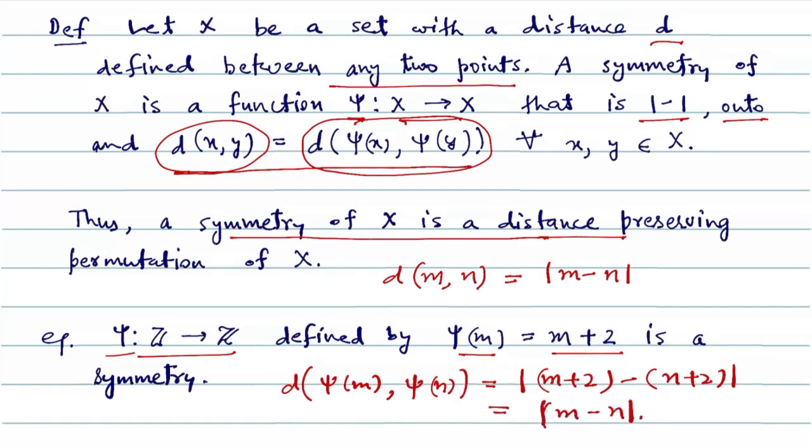So this psi is a distance preserving 1-1 and onto map from Z to Z.